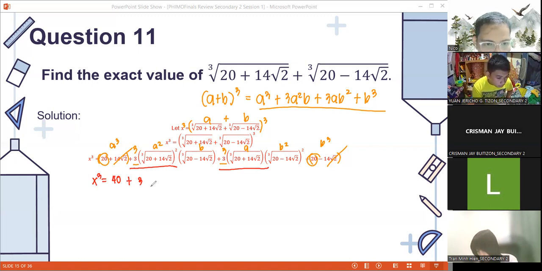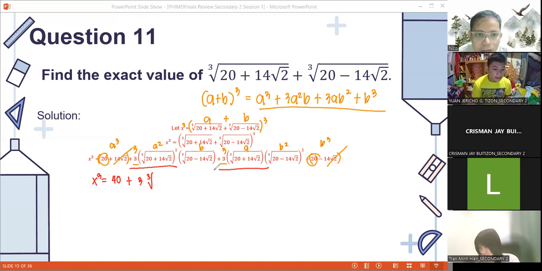So we'll get 3 times the cube root of, what will happen here? Observe the pattern.